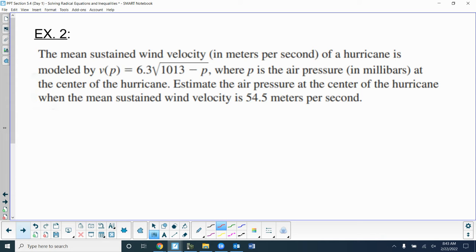Estimate the air pressure at the center of the hurricane when the mean sustained wind velocity is 54.5 meters per second. So all they're asking you to do is put a 54.5 where this V of P is and solve it.